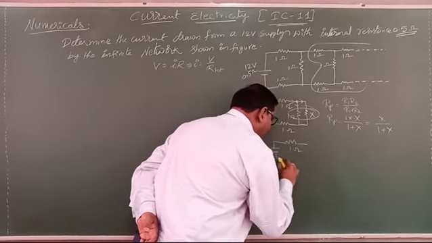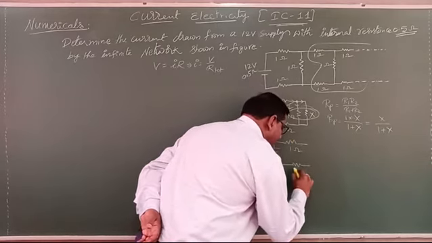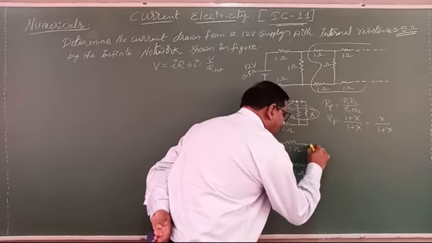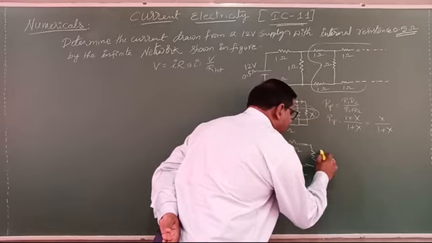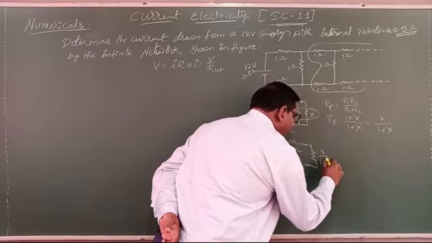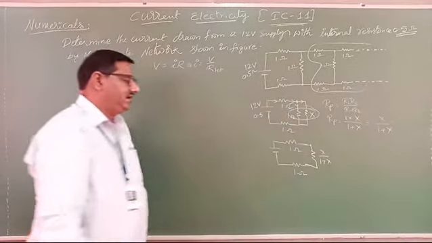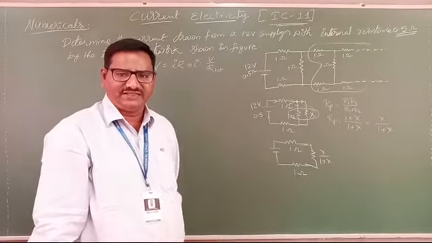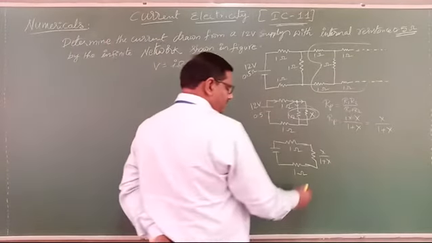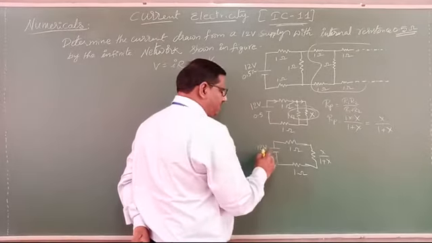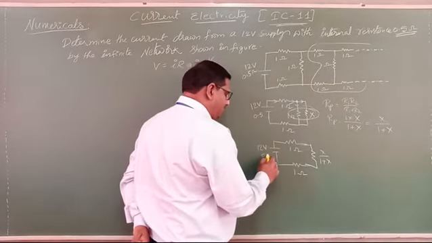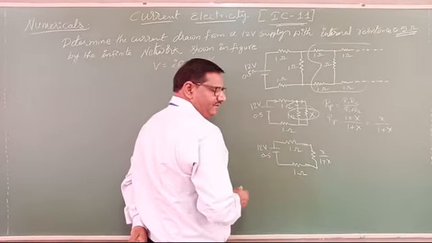This is 1 ohm and this is also 1 ohm, and here it is nothing but Rp, that is X by 1 plus X. Now these three resistors are connected to this 12 volt power supply with 0.5 ohm internal resistance.